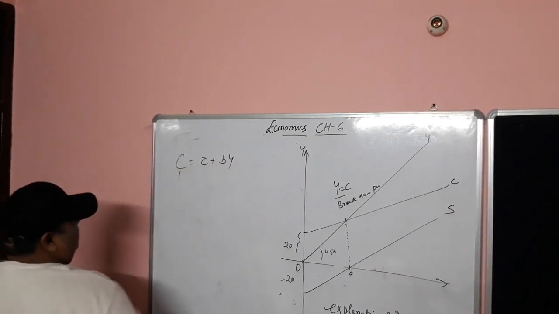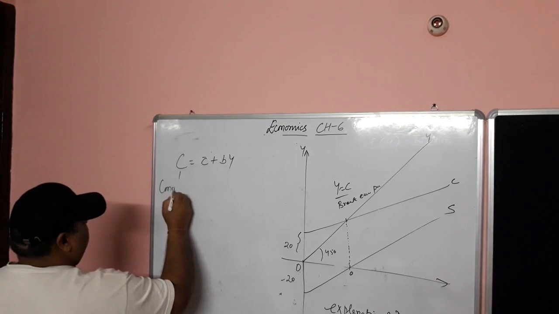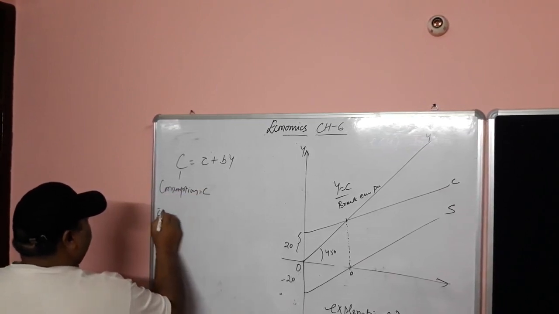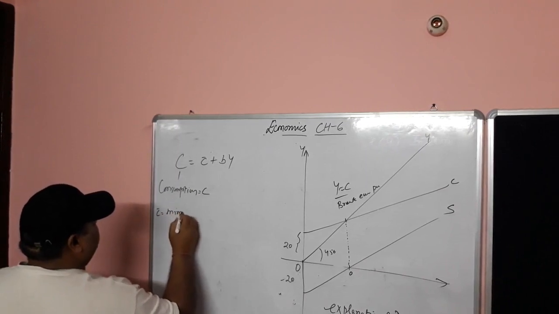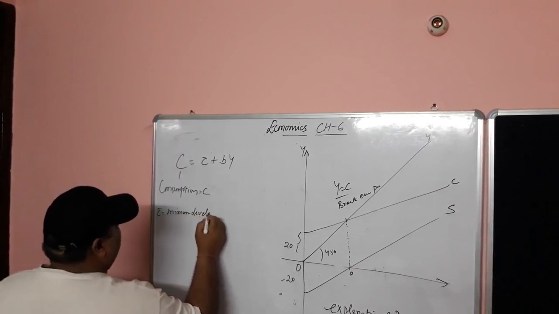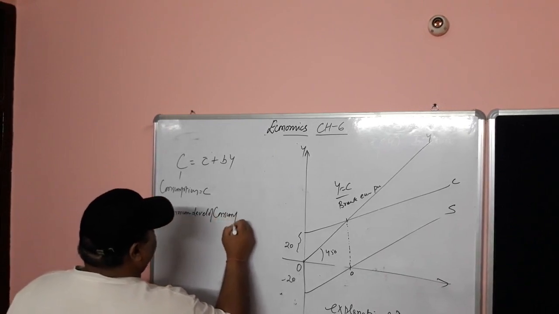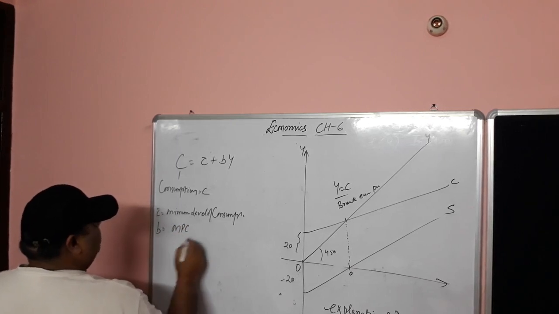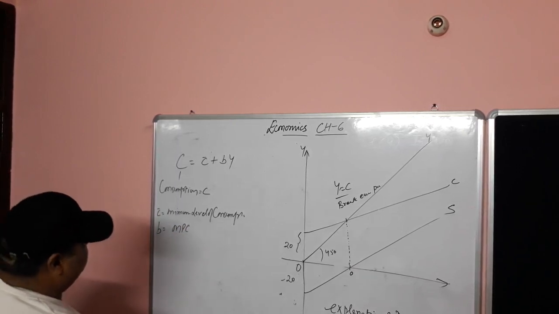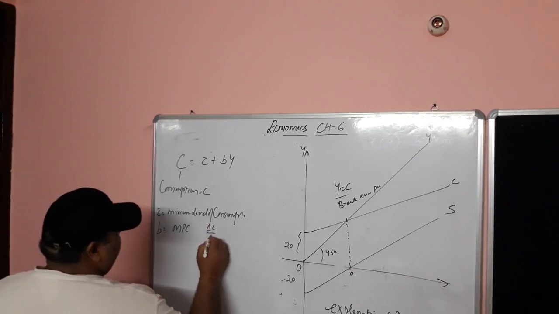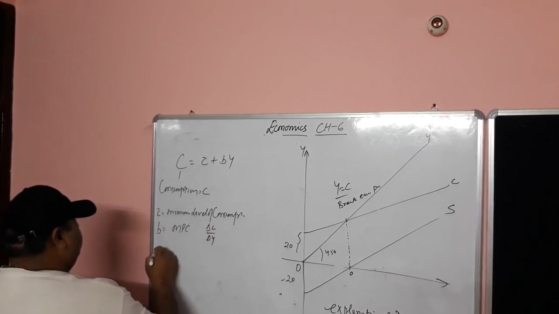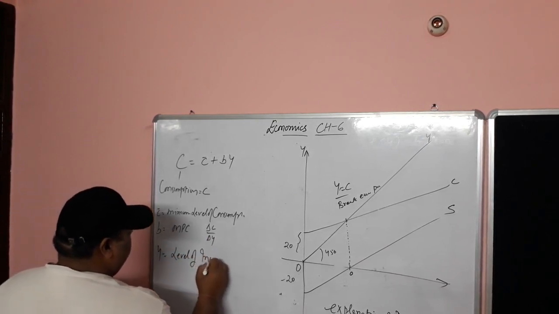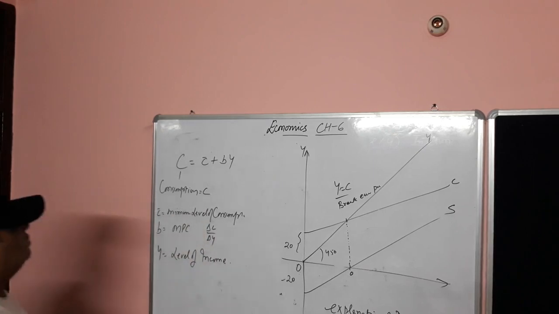Here C indicates consumption, and C bar is the minimum level of consumption. b means MPC. MPC indicates how much consumption changes due to a change in income, and Y indicates the level of income, which we discuss in this particular chapter.